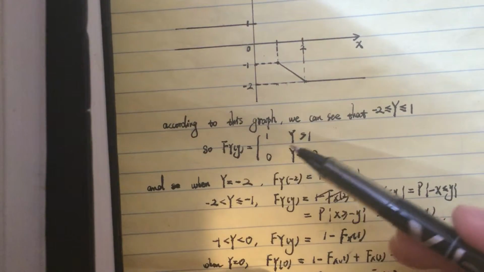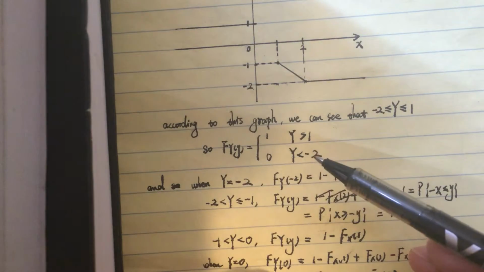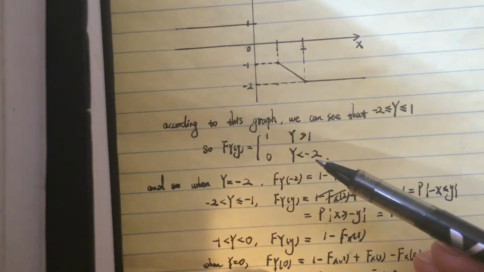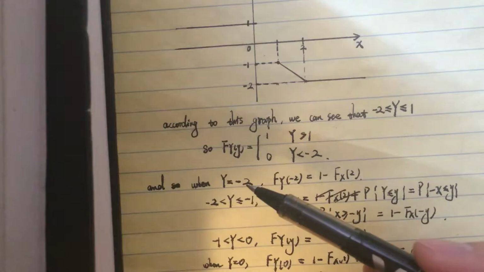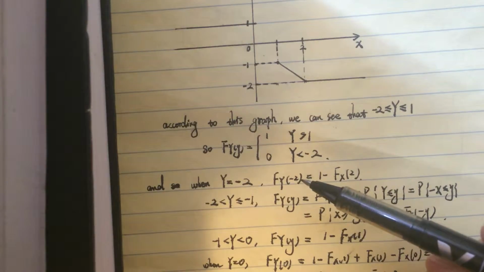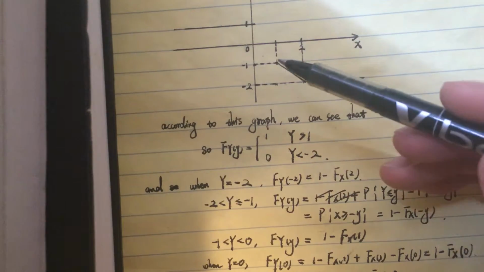So f_Y equals 1 when y is larger than 1, and equals 0 when y is smaller than minus 2. So when y equals minus 2, f_Y of minus 2 will equal 1 minus f_X(2).